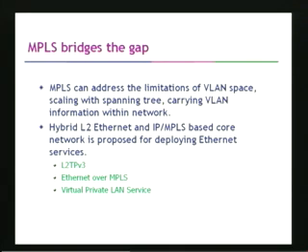Therefore, it appears that a hybrid L2 Ethernet and IP MPLS based core network is likely to be used for deploying Ethernet services like layer 2 VPNs, Ethernet over MPLS, and virtual private LAN service.